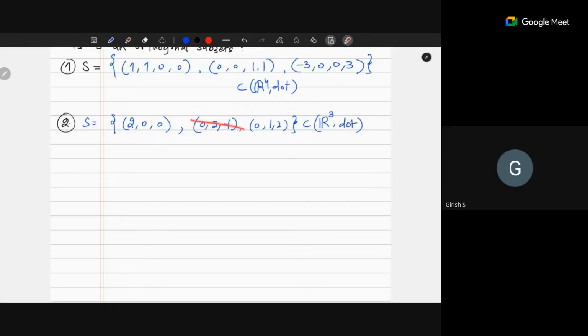Yes, it still remains orthogonal. So any subset of an orthogonal subset is again an orthogonal subset. Let me write down this point: any subset of an orthogonal subset is again an orthogonal subset.